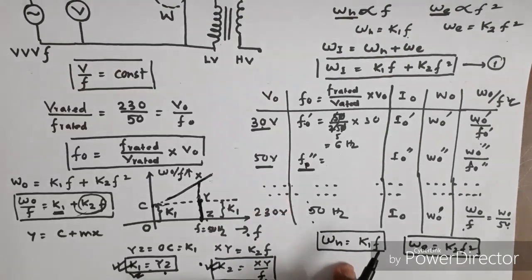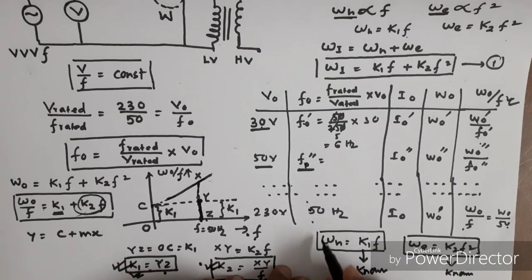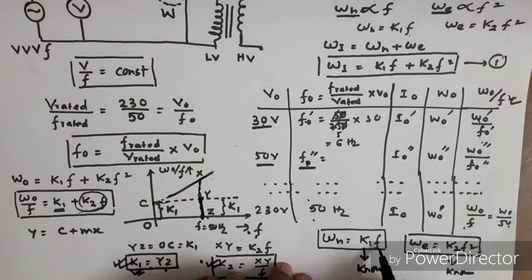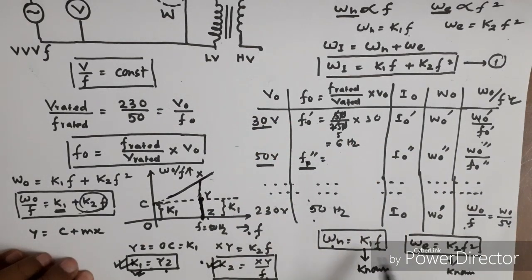From this graph, K1 is known, K2 is known. Therefore, for any frequency, you can find out hysteresis loss WH. For any frequency, you can find out eddy current loss WE. Therefore, you can separate the eddy current loss and hysteresis loss with this test.